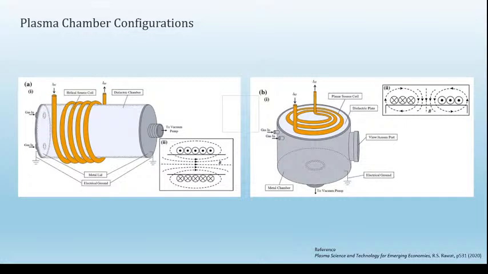This makes it easier for the plasma to hit the wafer, and with the high uniformity, we are able to have a bigger chamber and increase productivity.